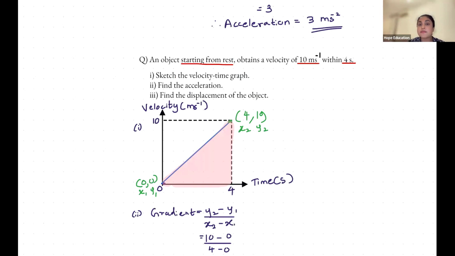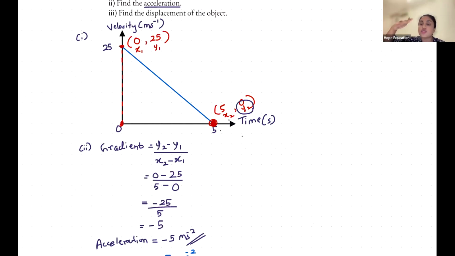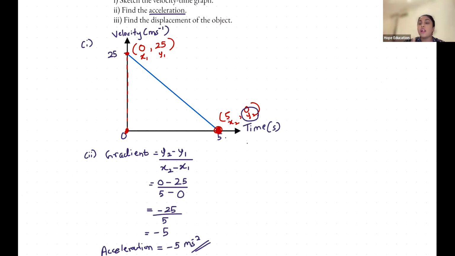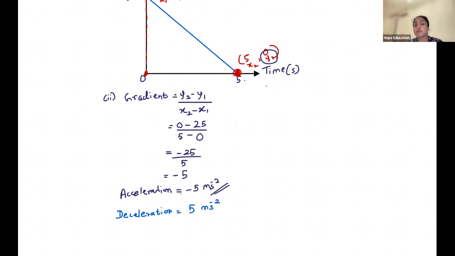But if he steps on the brakes, the velocity will gradually decrease. That is called deceleration. So that is why we got a minus value for acceleration here, because what has actually happened is a deceleration. Is that clear? Yes, miss.